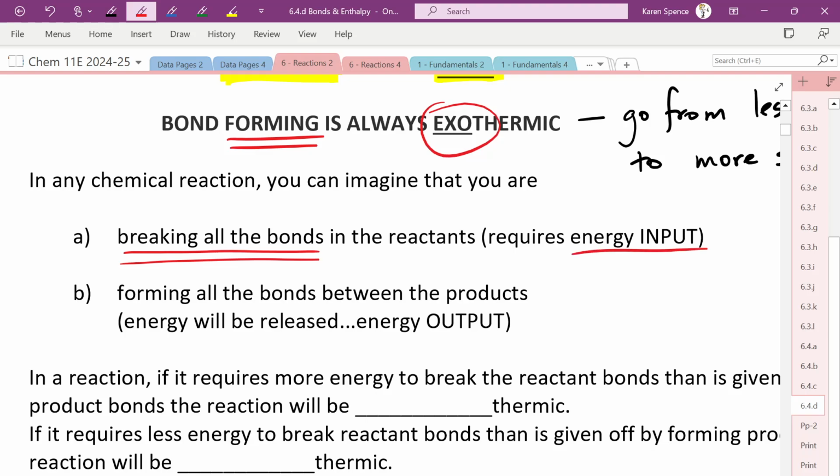So we have energy input. And then we have the forming of all the new bonds in the products, and that gives energy out.